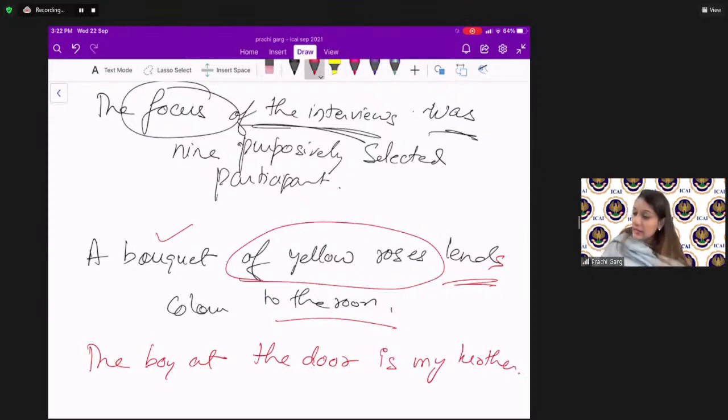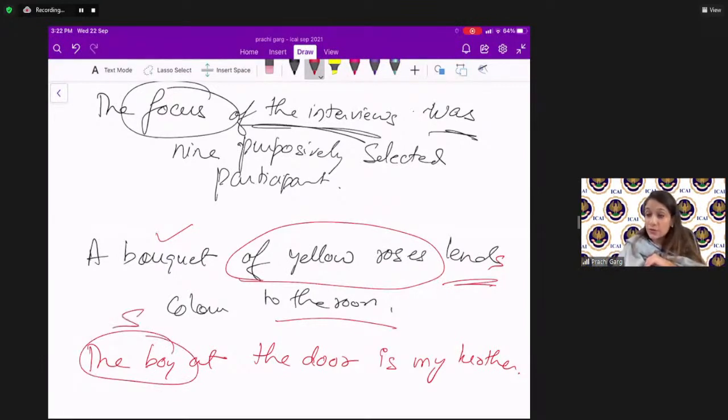Now, in this sentence, tell me the subject. Tell me the subject here. The boy at the door is my brother. Tell me the subject in the sentence. The subject is the boy.